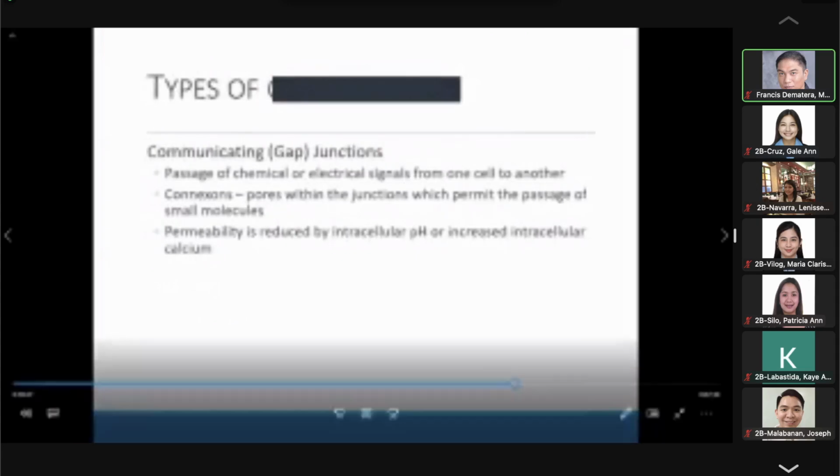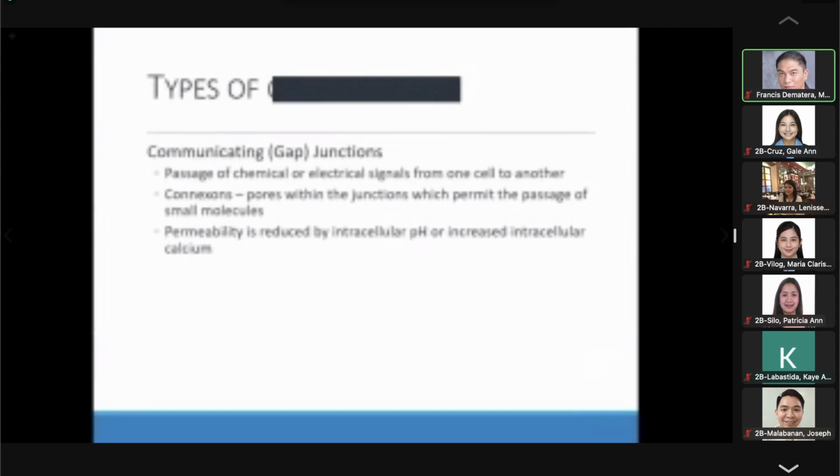So communicating junctions or gap junctions allow passage of chemical or electrical signals from one cell to another. And connexons are pores within the junctions which permit the passage of small molecules. The permeability is reduced by decreased intracellular pH or increased intracellular calcium.